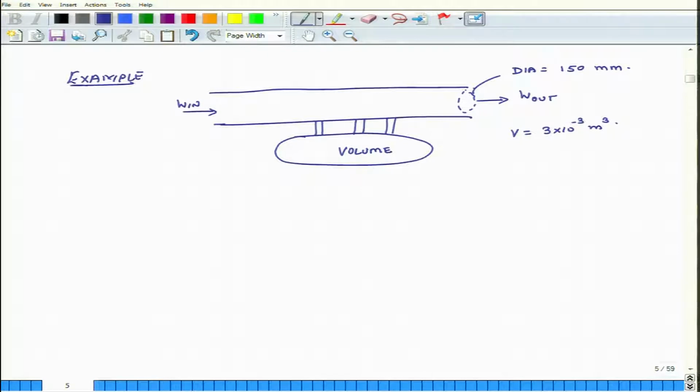Each pipe is 75 millimeters, so it is 75 into 10 to the power of minus 3 meters each, and the diameter of each pipe is 24 millimeters. So, this is 2A, so 2A is equal to 24 millimeters, and of course, the length is L.